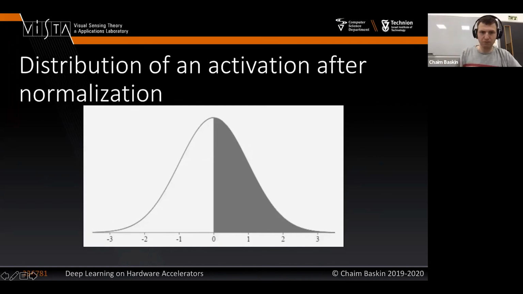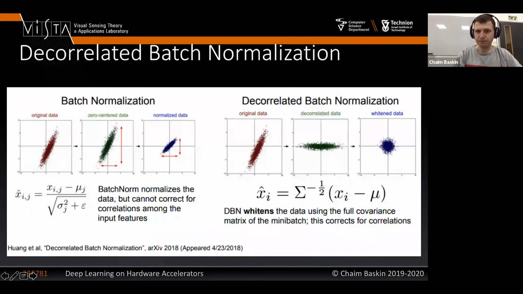Remember I talked about the correlation of the features. Batch normalization is not fixing the correlation problem.